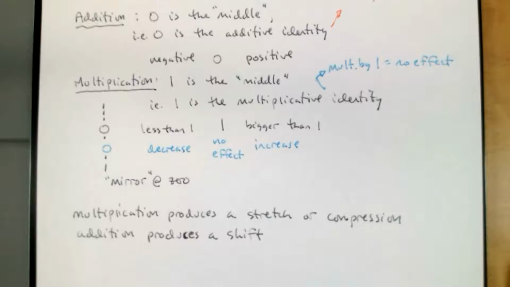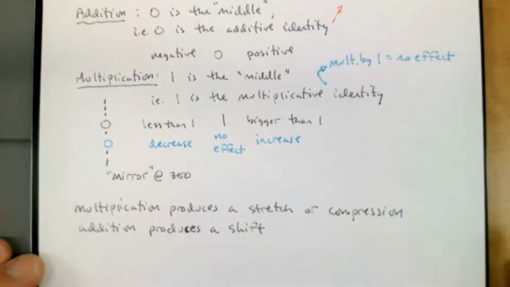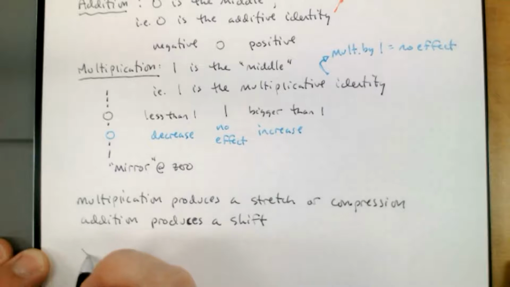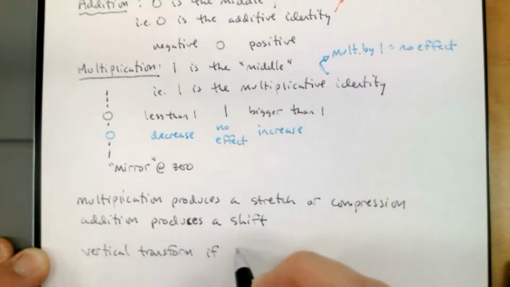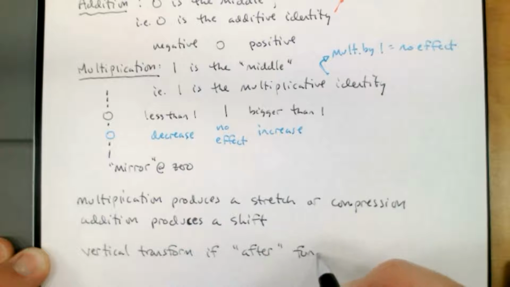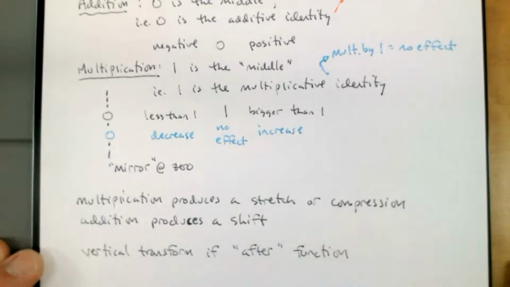If we do an operation after the function, the effect will be vertical. So we get a vertical transformation if our operation is after the function.